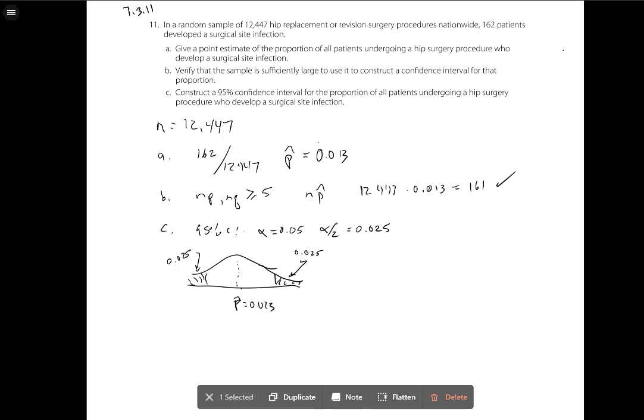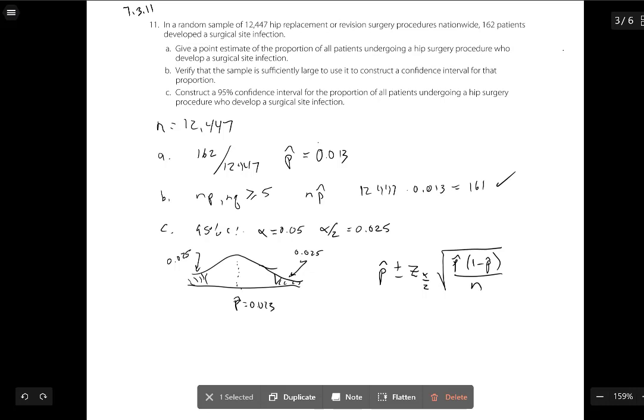If we look in the book, or you might have this from memory, the confidence interval is going to be the sample proportion p hat plus or minus the standard normal z at alpha over 2 times the square root of p hat times q hat, 1 minus p hat, over n.